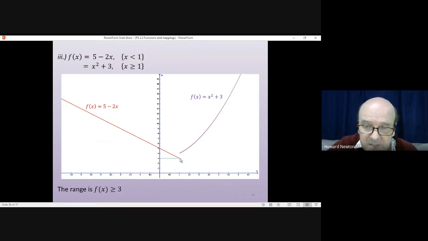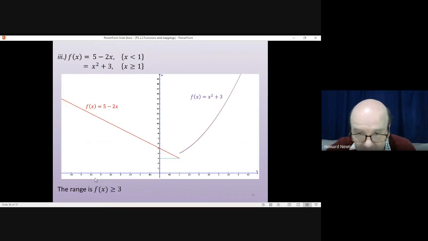Now, sometimes that's shown with a little hollow circle and a solid circle to show that the endpoint is allowed or the endpoint isn't allowed. Maybe it would have been good if I'd done that. But the endpoint on this red line is not allowed. It says we're only on the red line if x is less than 1, not if it's equal to it.